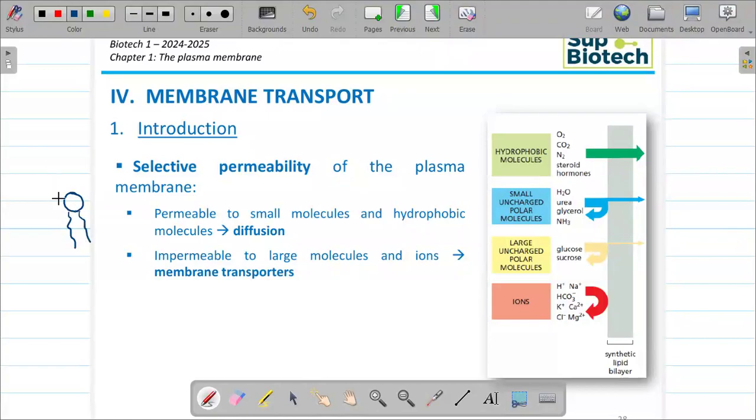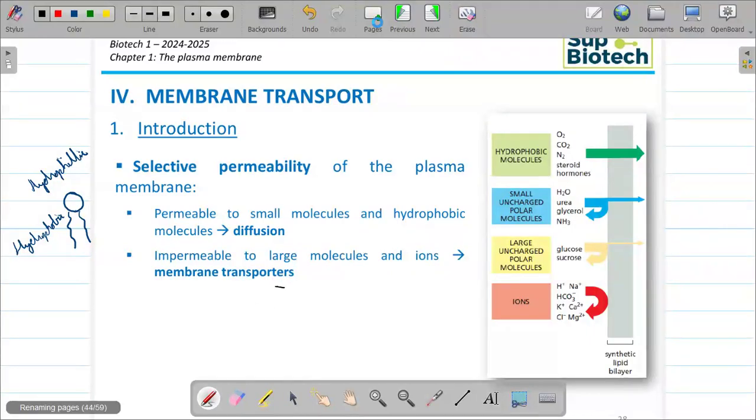This end is completely hydrophilic in nature, whereas here it is hydrophobic. Because of that, small molecules or some hydrophobic molecules can easily pass through by diffusion. But some ions are not able to be transported at all, so for that we require some transporter proteins.